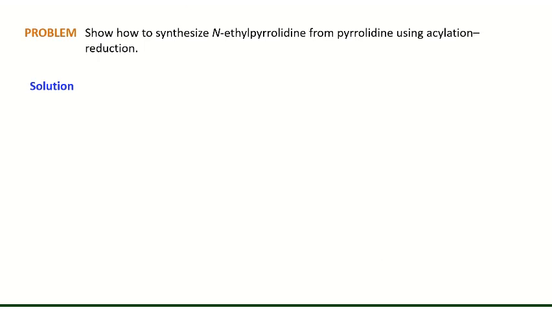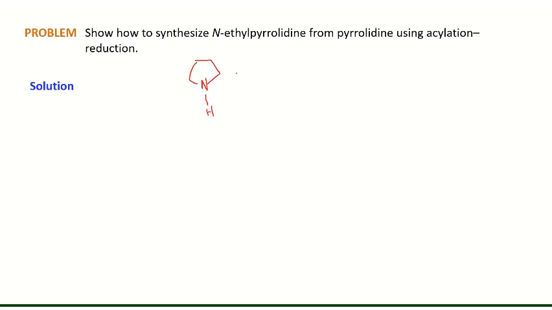So here's a question that we should review. You can see we have N-ethyl pyrrolidine. So what we've got to do is remind ourselves what pyrrolidine is. Pyrrolidine is this species, of course. We saw it in strychnine.